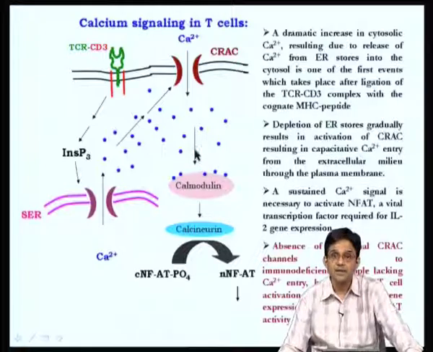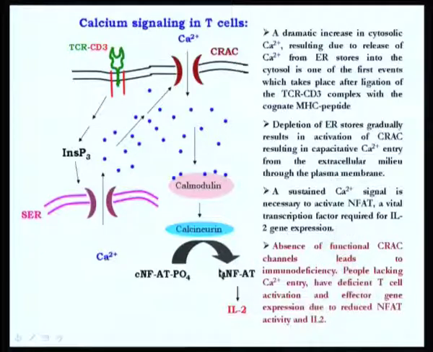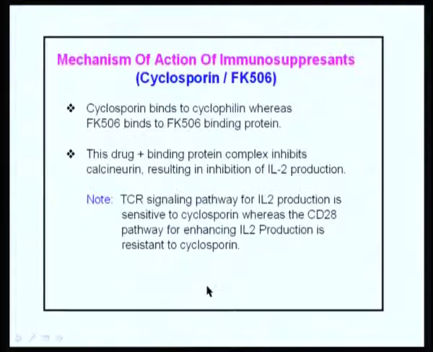Now you have sustained amounts of calcium, which results in activation of calmodulin. Calmodulin on the other hand activates calcineurin, which is the phosphatase, and now the phosphatase cleaves the cytosolic NFAT, and upon dephosphorylation NFAT migrates into the nucleus and it activates IL-2. So, this is again a cartoon to depict calcium channel signaling in T cells.